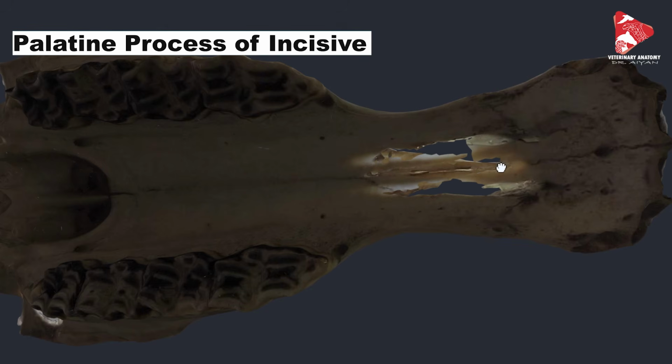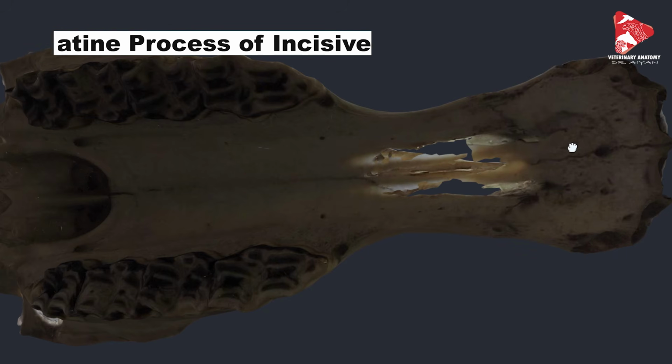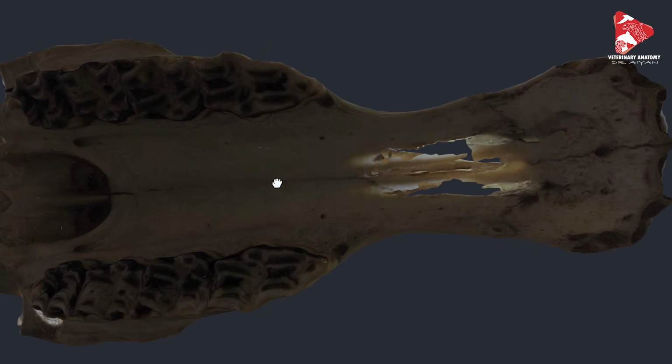So we have one here and one there. These 3 bones, the horizontal plate of the palatine bone, the palatine process of the maxilla, and the palatine process of the incisive bone, together form the bony part of the hard palate.